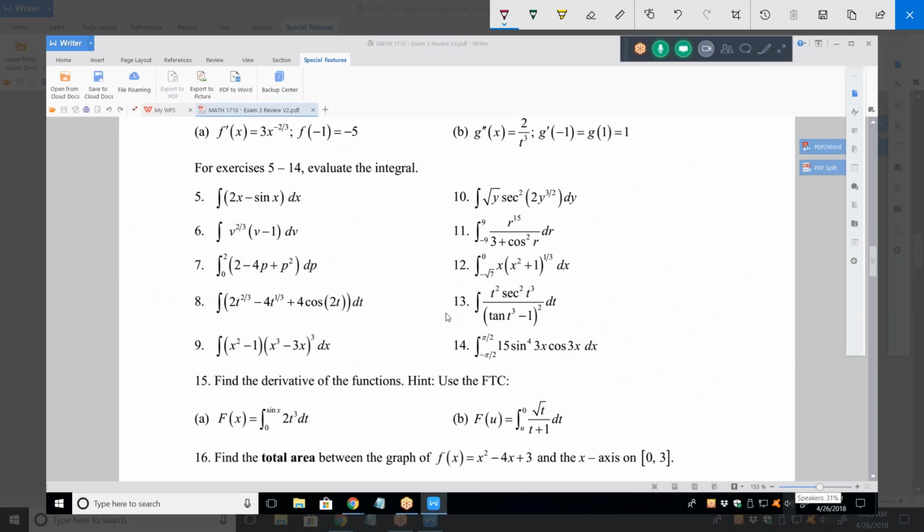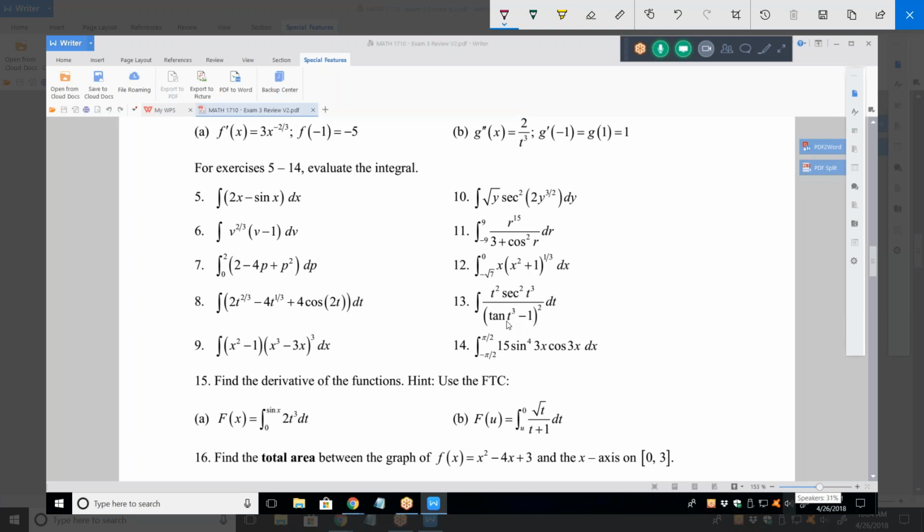Yeah, I probably can. Once I figure out how to do it, I'm pretty sure the solution lies in what to make u. I don't know whether I want to make it t cubed or t cubed minus 1. I can't seem to figure out how to handle it when I make it t cubed minus 1. Oh, you know what? You can't make u t cubed minus 1. Notice that this is the tangent of t cubed, minus the quantity 1.